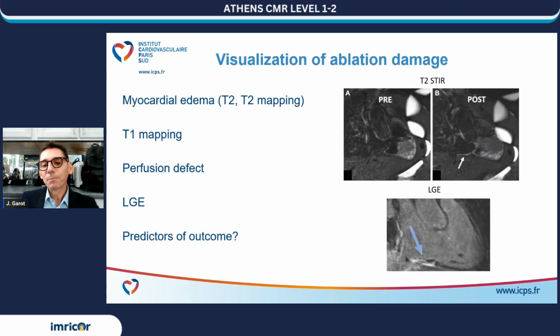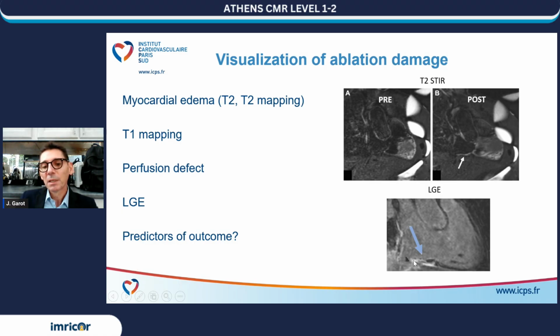One of the other options, and I think it's very interesting and very important for this technique, is that you can make some images and visualize the ablation damage that you just made, the ablation lesion. You can do this with different sequences, of course, like T2-based sequences to see the edema, but you can use parametric mapping, dynamic perfusion, where you see perfusion defects, late GAD, like it's shown here in this image.